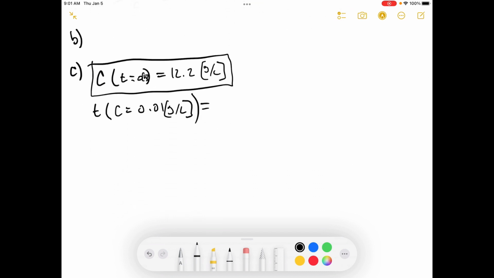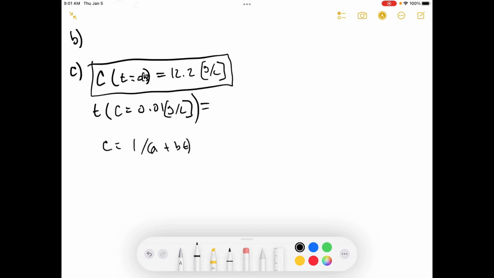We could solve this other one numerically, or we could just solve it algebraically in terms of T. So let's go ahead and do that. So right now we have C equals 1 divided by A plus BT.